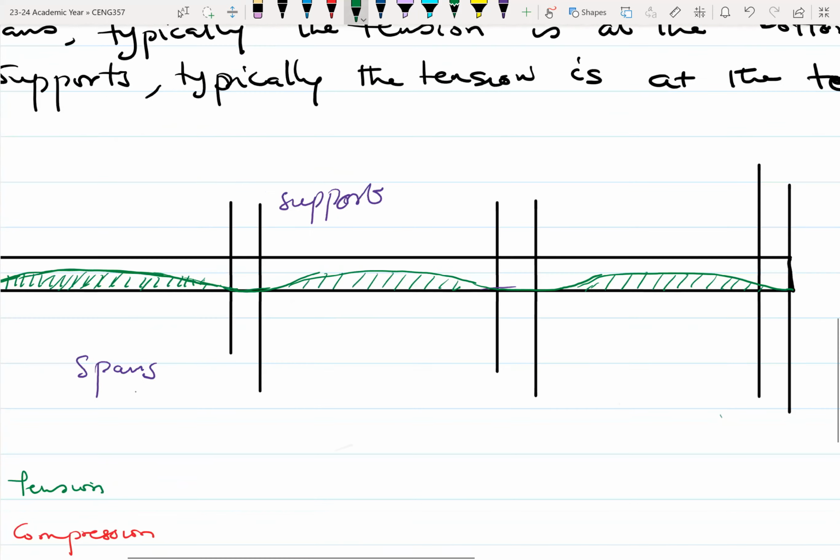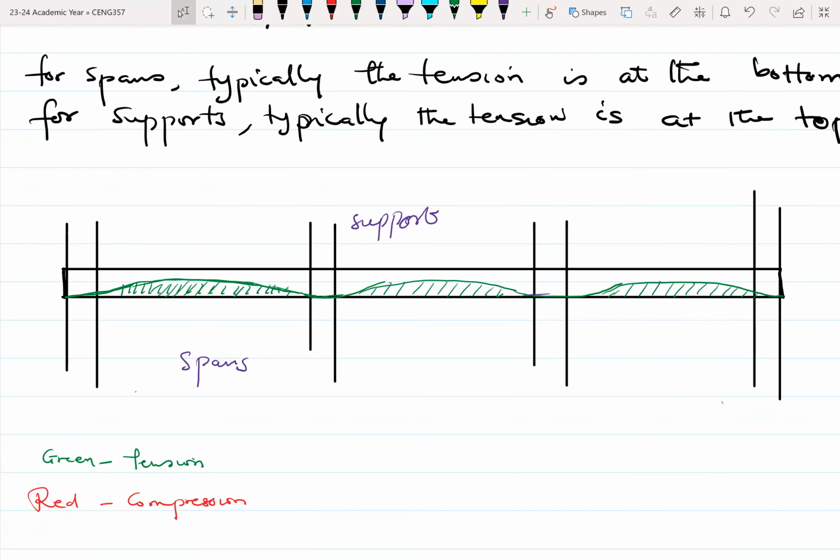And then, let me see if I can get this one right. Over the supports, your tension zone will be here. Right, so over the supports, your tension zone is somewhere here.